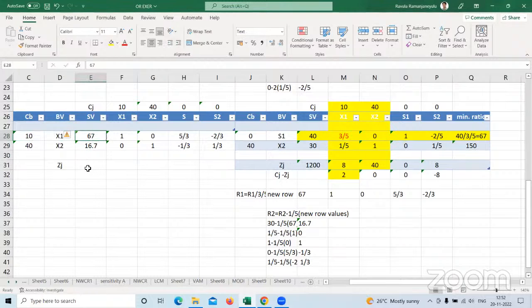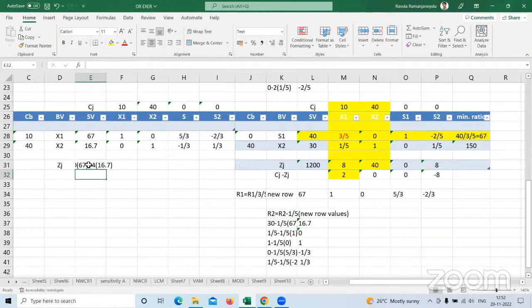So here I'll write it clearly, 10 into 67 plus 40 into 16.7. This is your new value of ZJ.